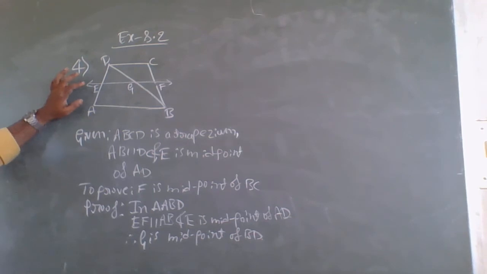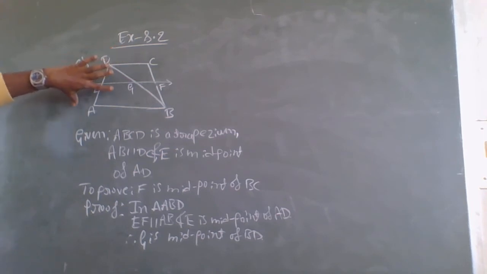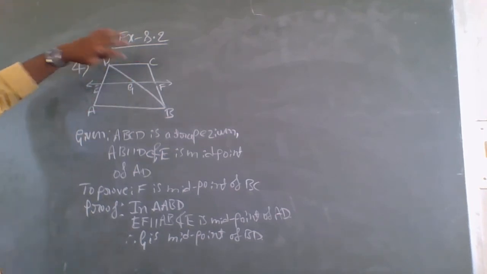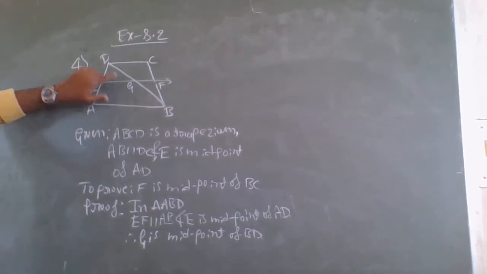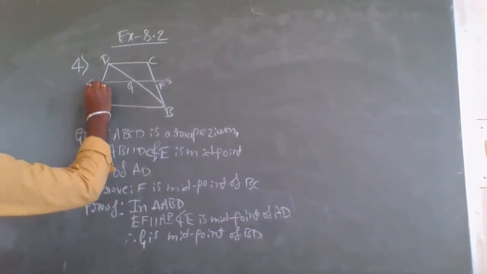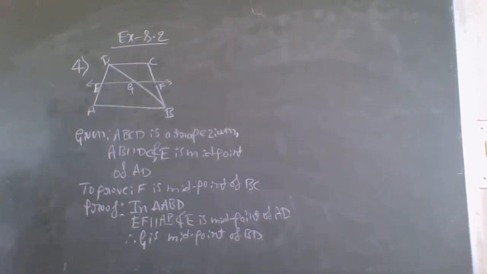Why? This E is the midpoint of AD, they have given that, and this EF is drawn parallel to AB, which means this point G on BD is the midpoint of BD by the converse of the midpoint theorem.